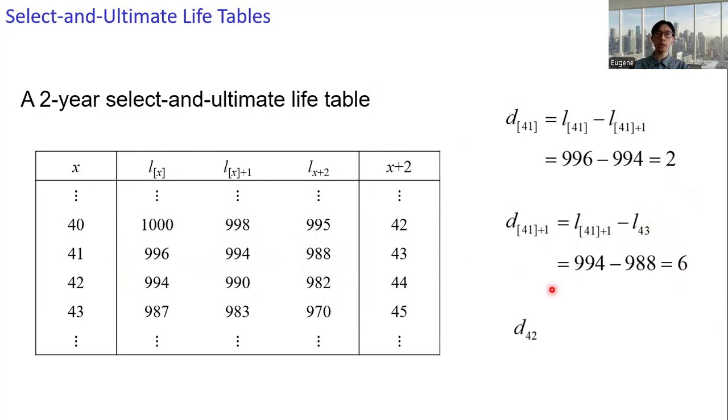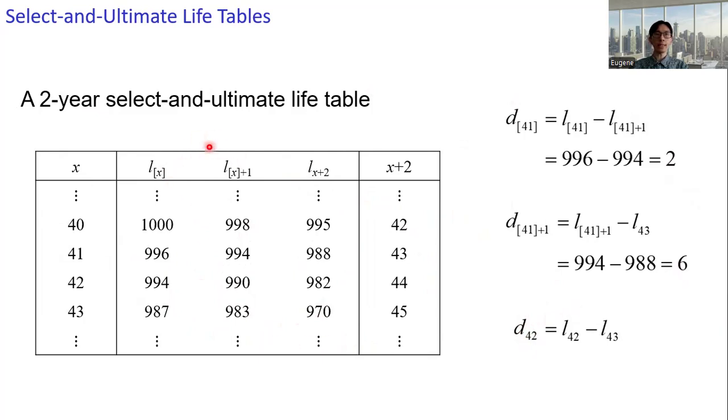The next quantity, d_42, is simply the ultimate part of the population, the non-select group at age 42. This is l_42 minus l_43. Okay, find the corresponding values, l_42 and l_43.